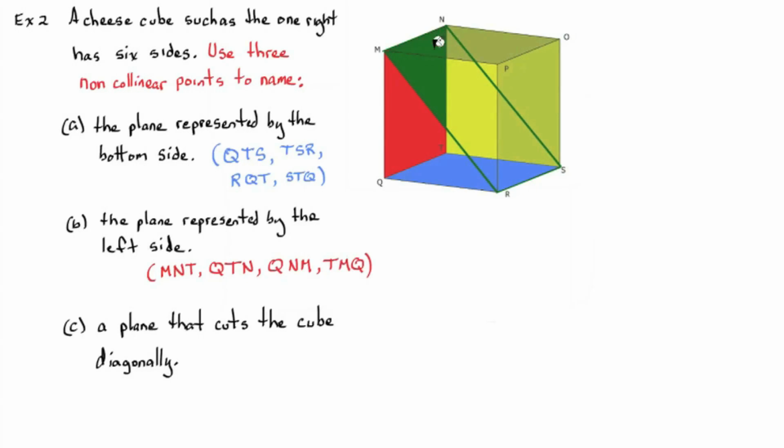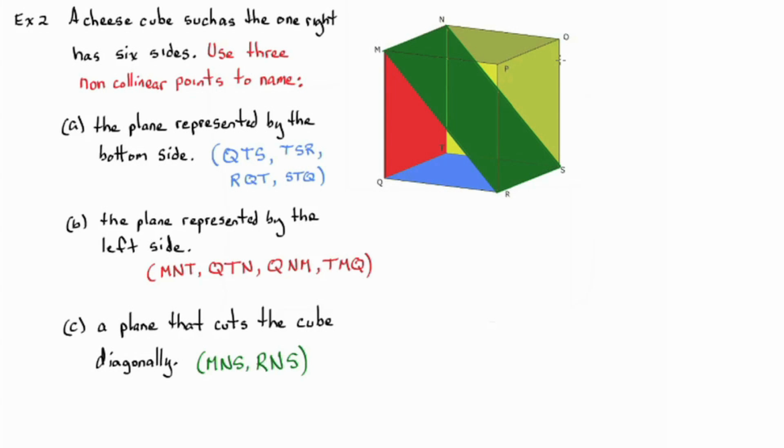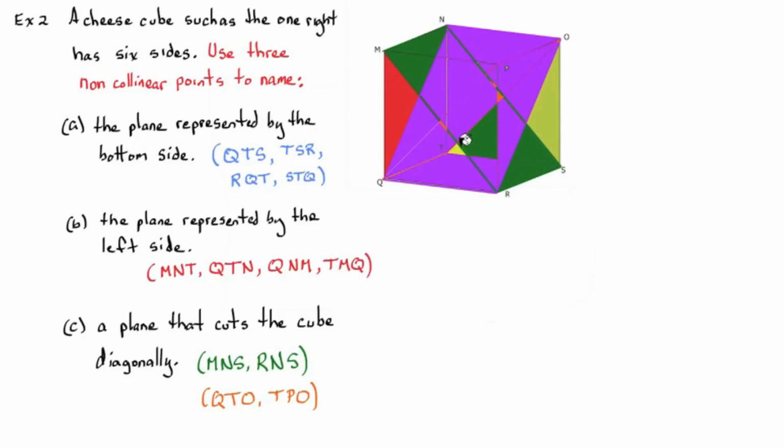And then the diagonal one, part C, there are many possibilities here. I'll try a green diagonal and an orange one and a purple one. You can see the different possibilities for the diagonals, as well as the 3 non-collinear points that you need to use to label a plane.